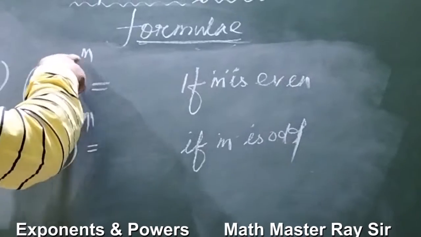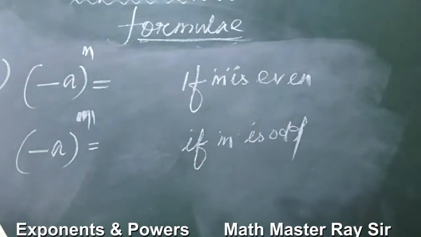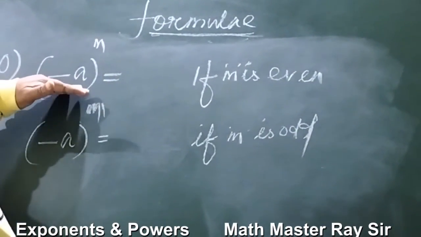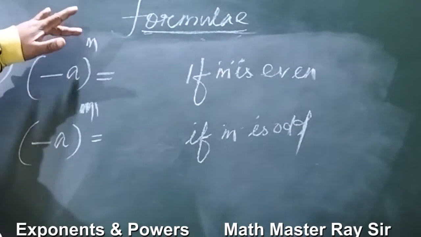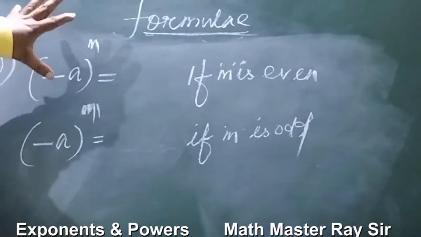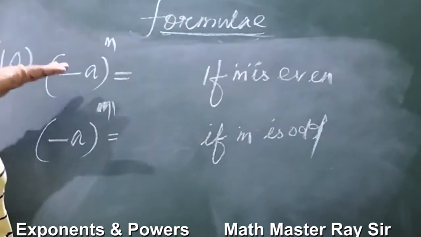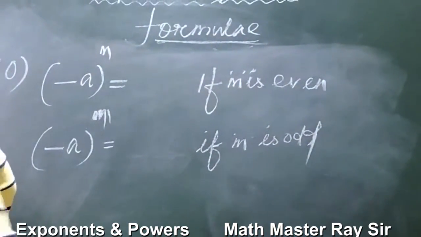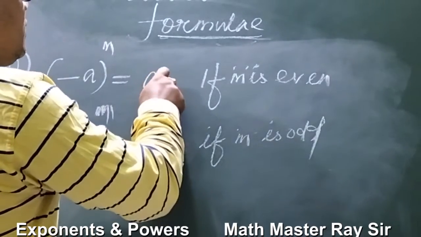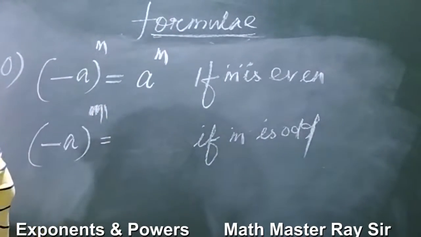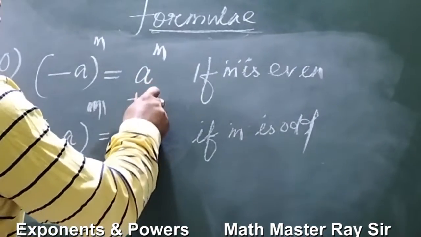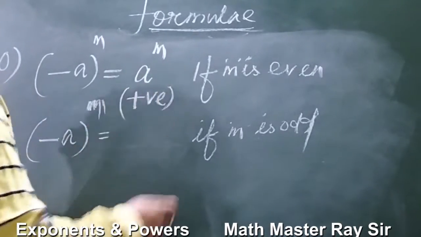If m is even, that means 2, 4, 6, 8 like this, then the value will always be positive. Minus a to the power m simply equals a to the power m. The result is always positive.